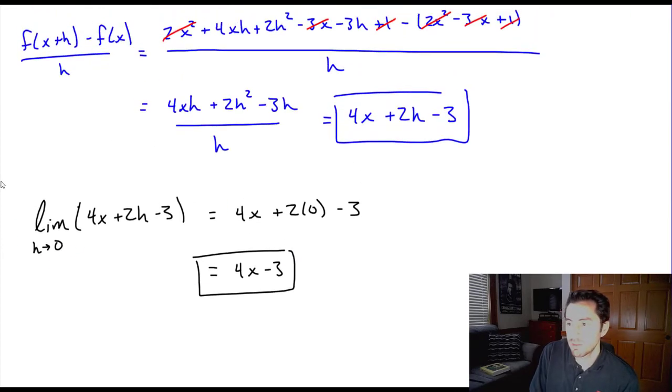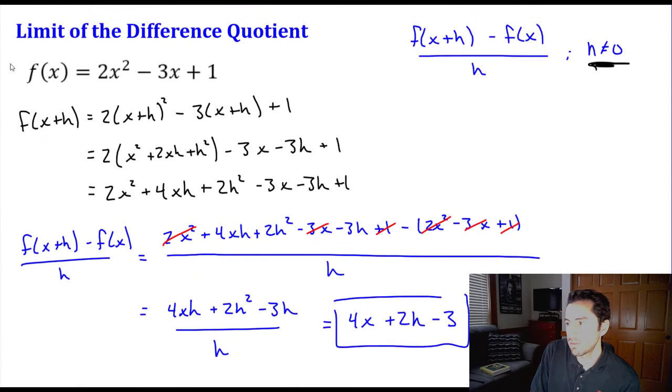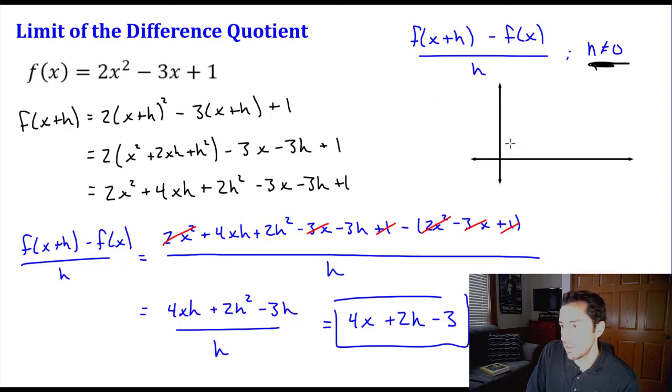In other words, just to give you a really quick idea, I'm going to sketch out a curve here. This is just an example. I don't know what this function actually looks like, but when we're looking at our difference quotient, we pick out 2 points on this curve.